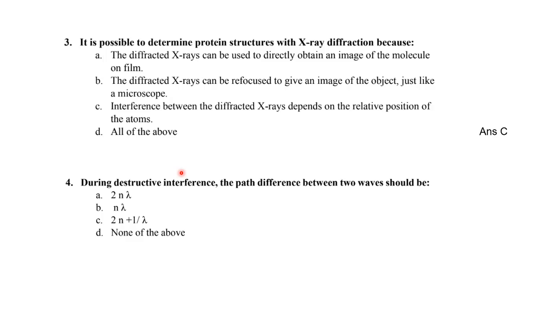In the destructive interference, we will not get any peak. We will not get any intensity in that case. The first option is again multiplied by 2, right? So it will not be the correct answer, I guess.